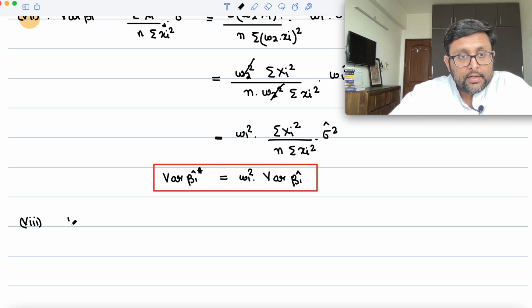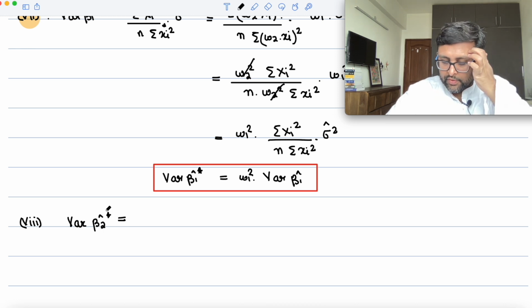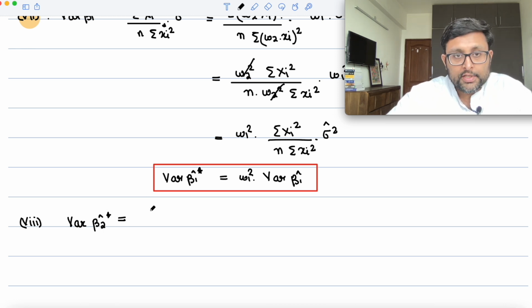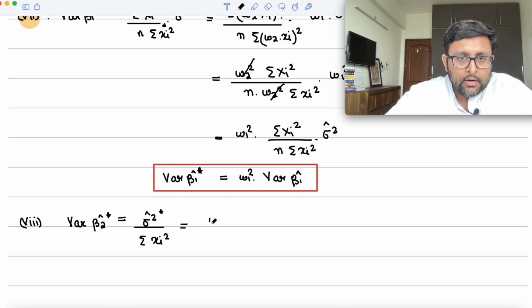Variance of beta 2 hat star. What will this be? Your sigma square hat star upon summation of small xi square. What is sigma square hat star?